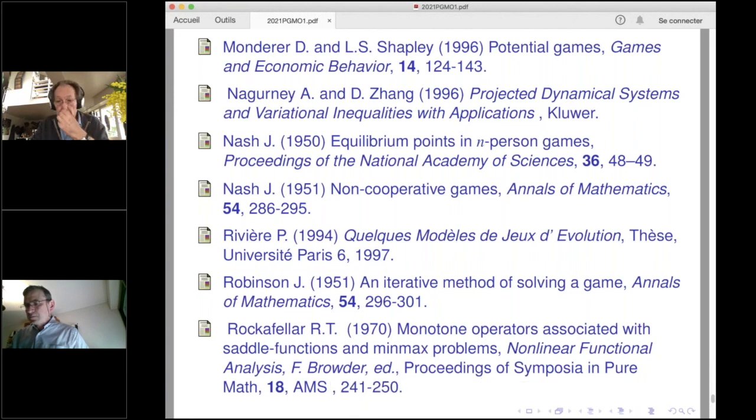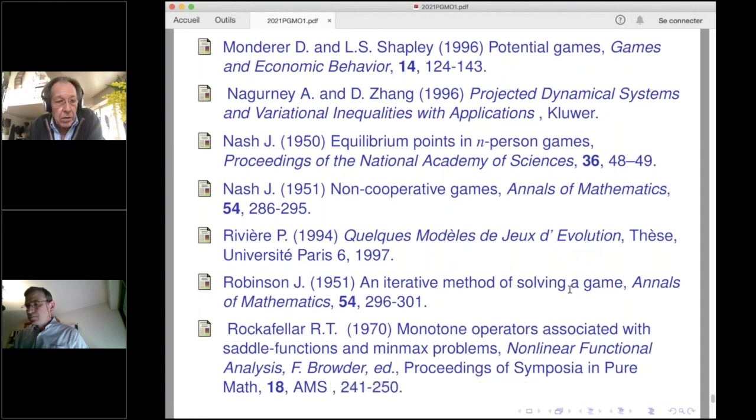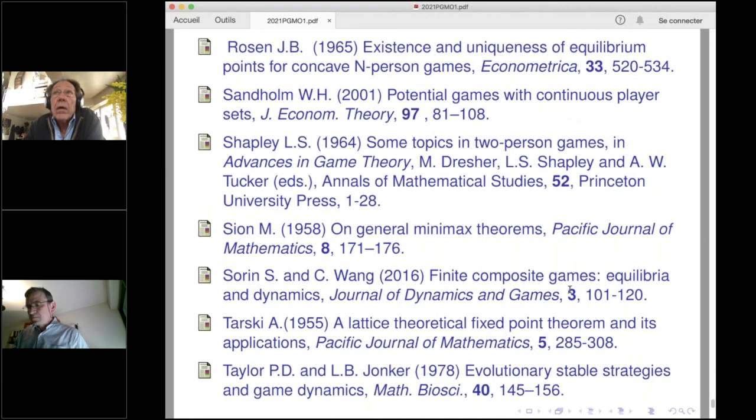Lagonne, it's the application of variational inequality in operational research. Nash, equilibrium point. Rivière was the payoff. And this is Robinson, Rockafellar for the property of dissipative for zero-sum game. Rosen was dissipative game. Sandholm, potential, the example of Shapley, Sion minimax theorem.